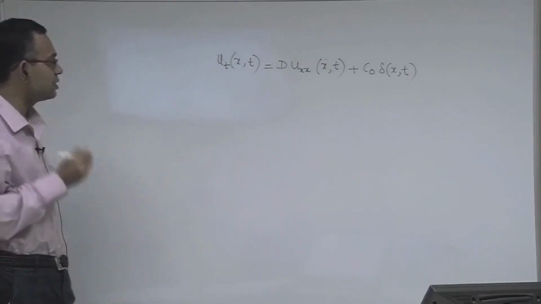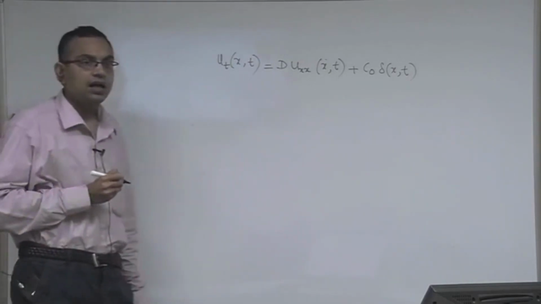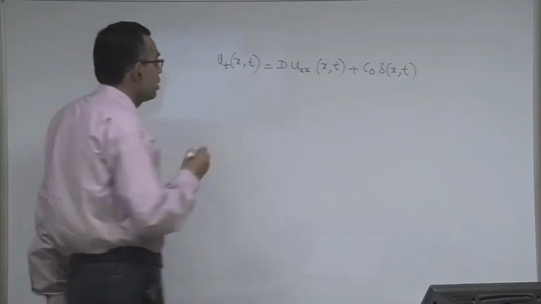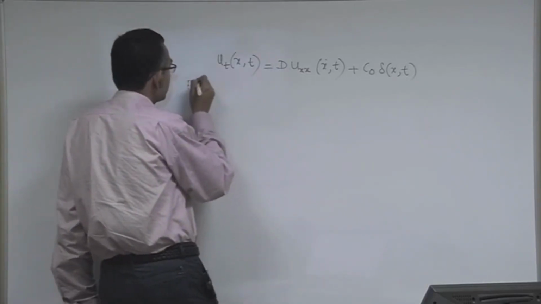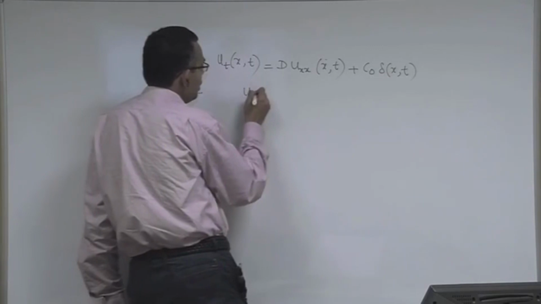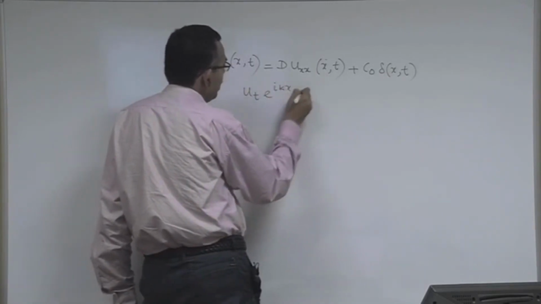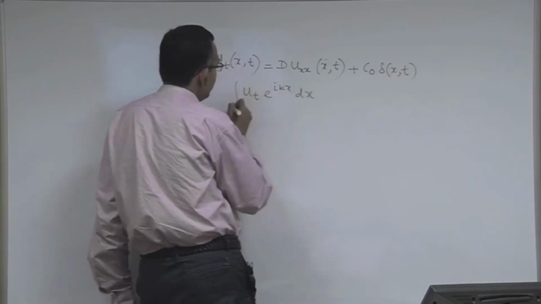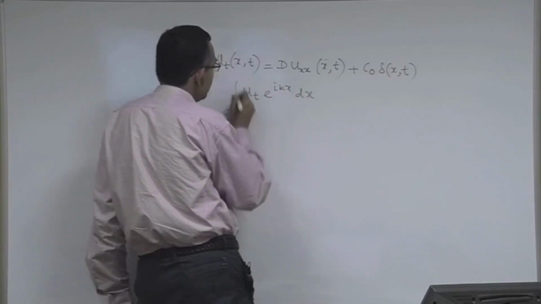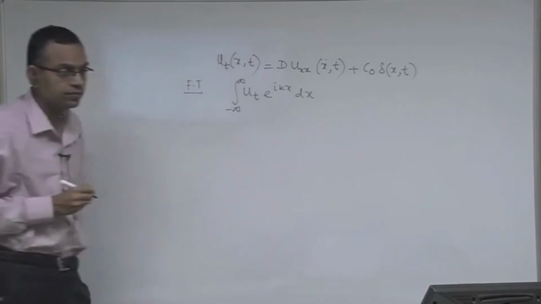So we will first take a Fourier transform. So Fourier transform, u t e to the power I k x dx from minus infinity to infinity.